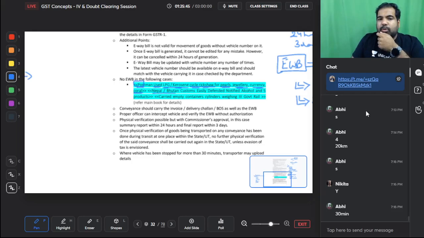Sending goods to Nepal, Bhutan, customs, exempt goods, defense goods, notified alcohol, and those 5 products, on those transportation there is no e-way bill. Empty containers, cylinders, and if you're sending goods for weighment, guys, sometimes you're sending the goods only for weighing and back, in that case, up to 20 kilometers. And if the government is sending goods through rail, in these cases you do not require e-way bill. This list is not important, you just have to read it once and you'll be okay.